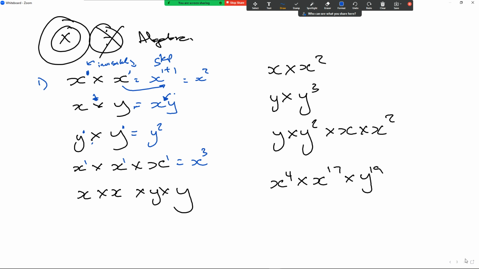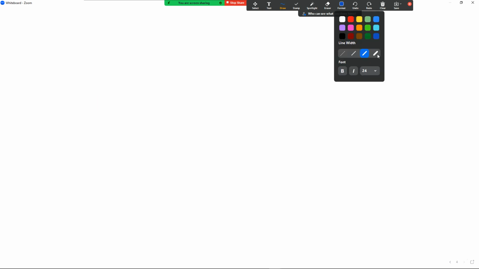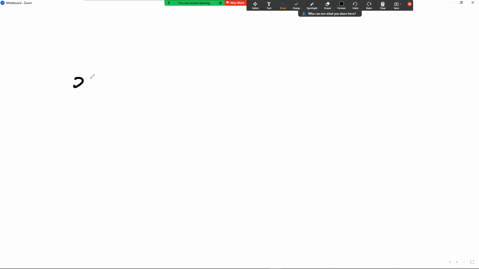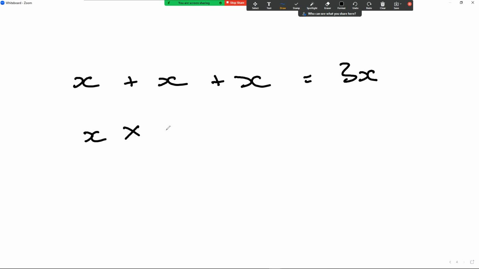Before we continue, let's just make sure we understand the following. If I've got x plus x plus x, this is equal to 3x. But x times x times x is equal to x to the power of 3.